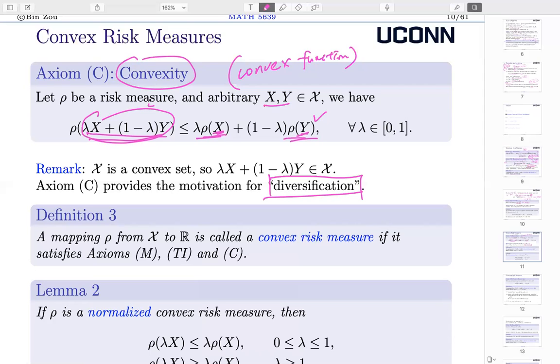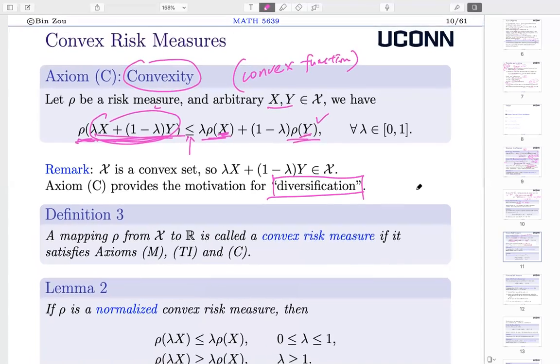That's because we normally believe that diversification helps reduce risk. So if it helps reduce risk, the risk measure should be smaller, less than or equal to the undiversified, right? So that is the economic interpretation of this.